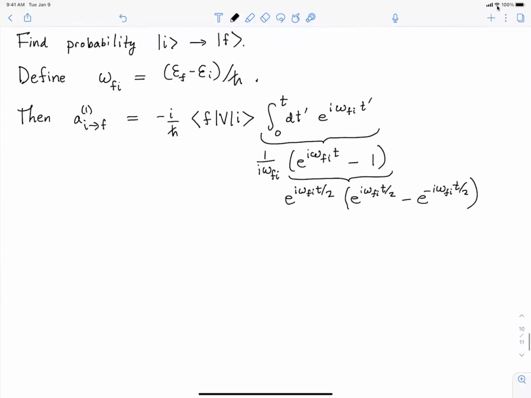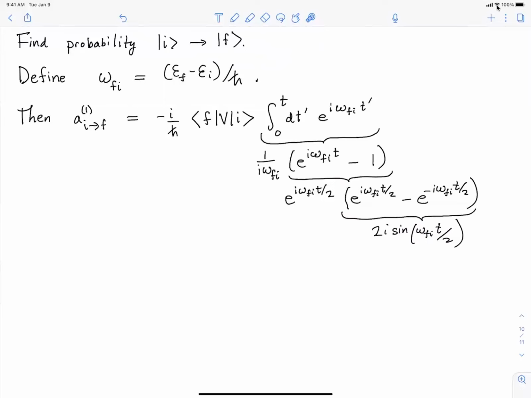And why would we do that? It's because now this factor is 2i times the sine function. Okay, and so now we're asked to find the probability, so we're going to take the complex square of that.